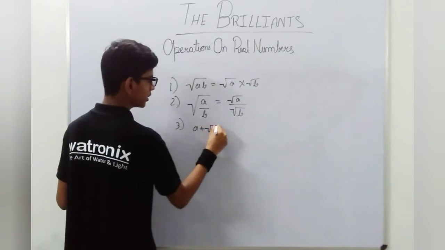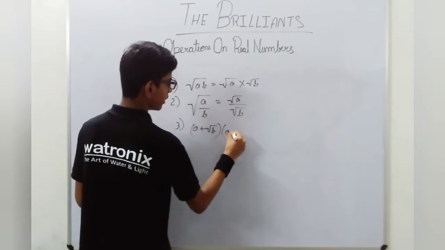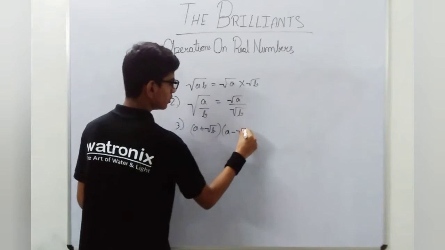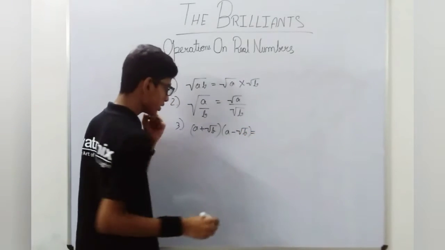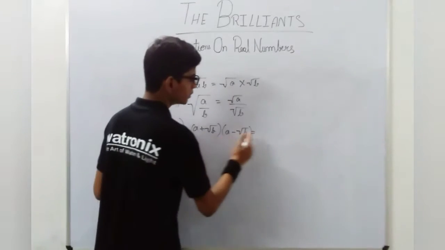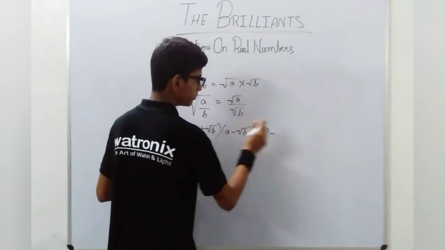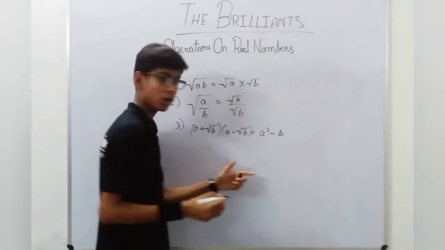Now the third one, a plus under root b multiply by a minus under root b. If we find a number in this form, what are we going to do? We will do a square minus b. How?